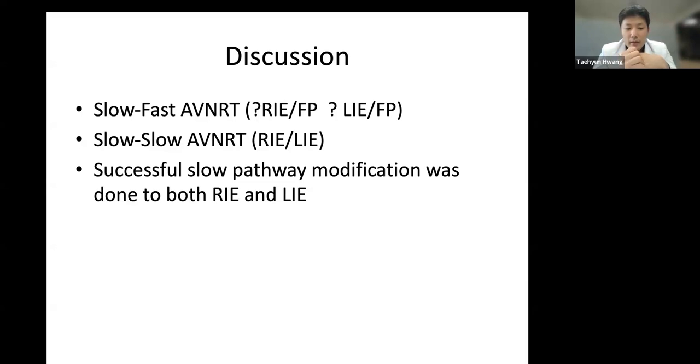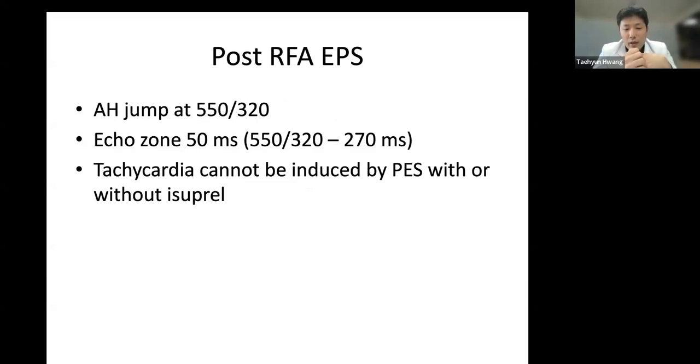And second one is, you mentioned the multiple slow pathways, but could you explain the findings that led you to interpret this as multiple pathways? And finally, when you did the initial slow pathway modification, you mentioned the fluoroscopic guided ablation, but did you see any slow pathway potential during the ablation? So there's three questions.